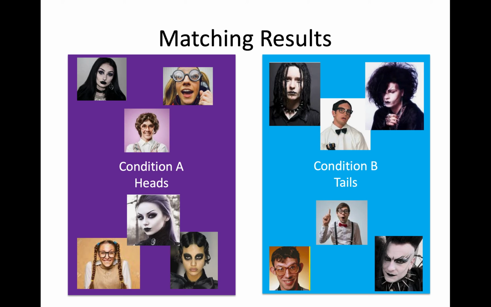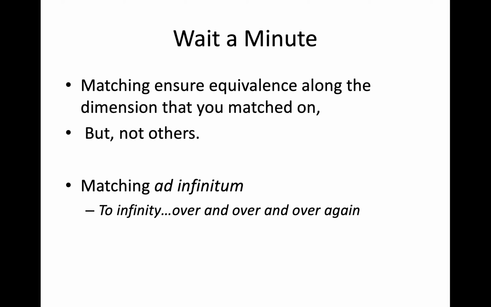We also wind up with all women in one condition and all men in another condition. So the matching along the nerdiness, gothiness dimension worked, but not along the gender dimension. So matching ensures equivalence along the dimension that you match on, but not others.